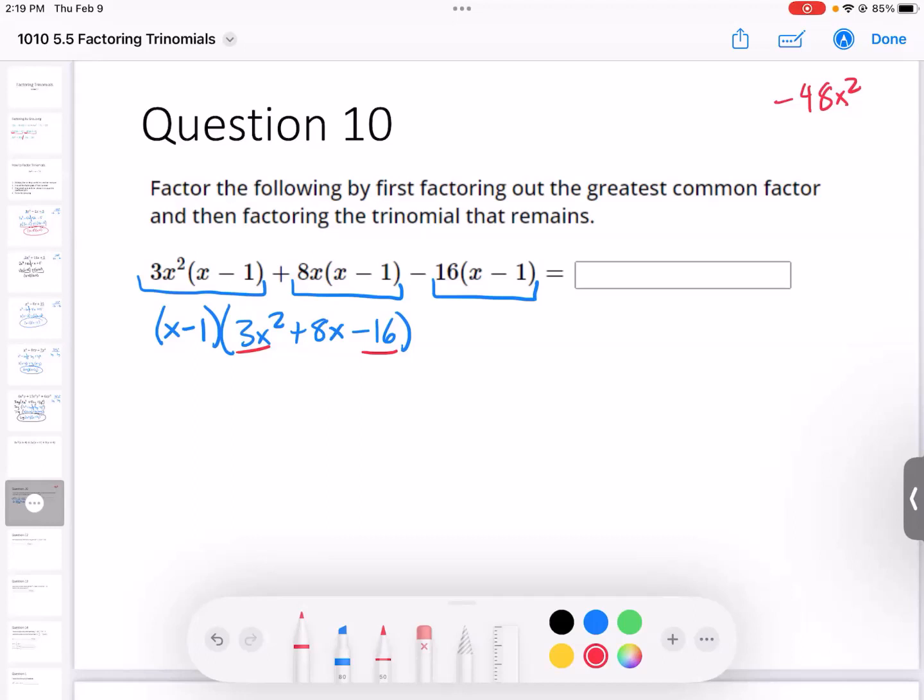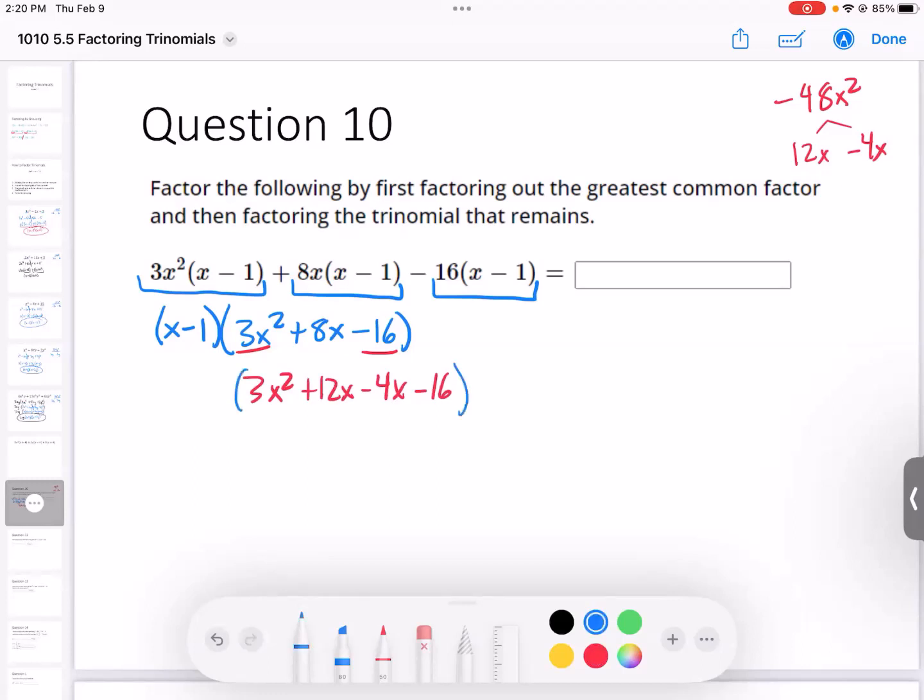So then at this step, I look at it and say, okay, well, if I have negative 48x squared, the two things that multiply to negative 48 and add to 8 are maybe 12 and 4, I think. Because if the 4 is negative, that would make them multiply to negative 48 and they would add to 8. So I'll split up my 8x into two terms and I'll get 3x squared plus 12x minus 4x minus 16.